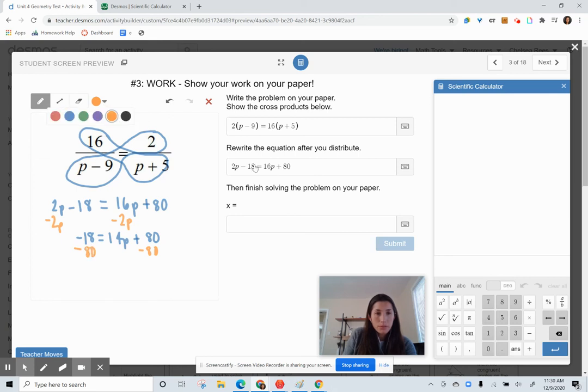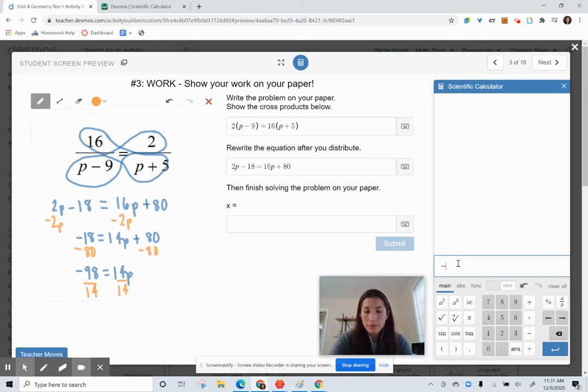When we do that, we should get -98 is equal to 14p. So our last step would be divide by 14 on both sides. That should give us p equals, not x, so our variable is p here. We would divide negative 98 by 14, and it would be negative 7.